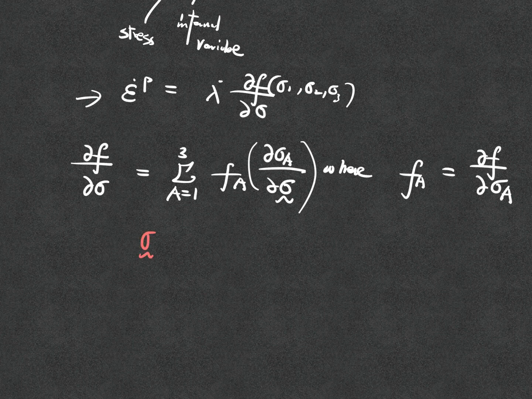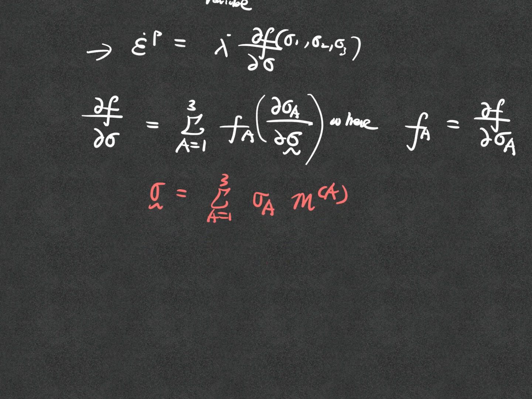Remember that the stress is actually equal to the principal value times the spectral directions. So now if I take a partial derivative of the stress with respect to the stress tensor, what would you get?